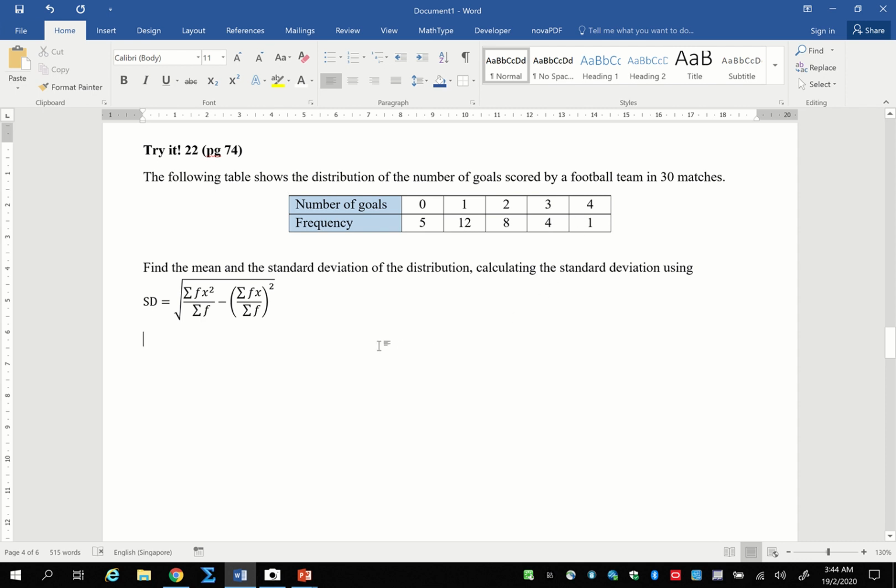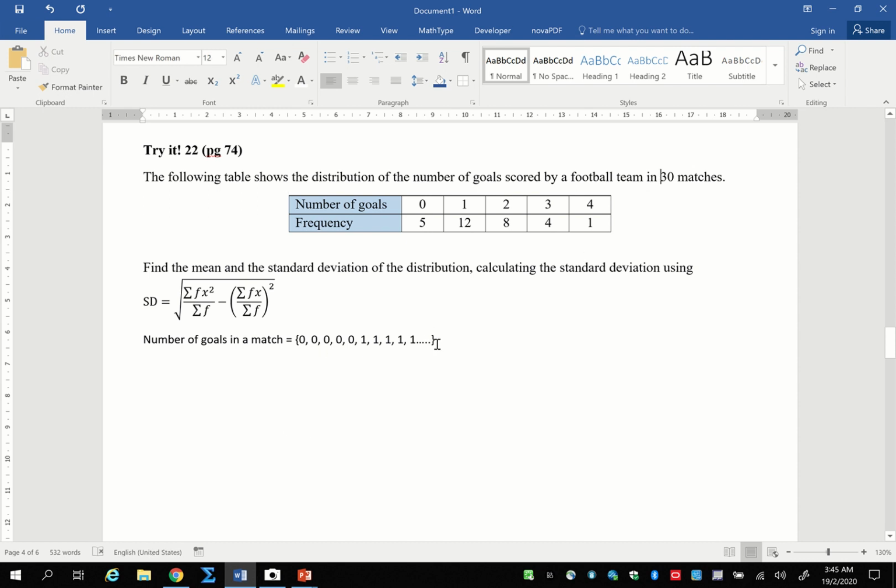So if I were to represent this in a data set, we would probably get something like this: 0 five times, 1 twelve times, and so on and so forth. I'm not going to write down the whole thing because it's very tedious, as you will have 30 elements inside the data set.